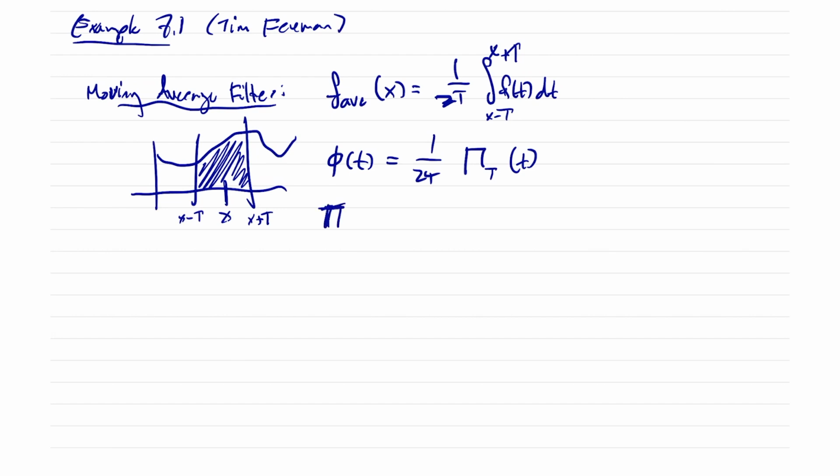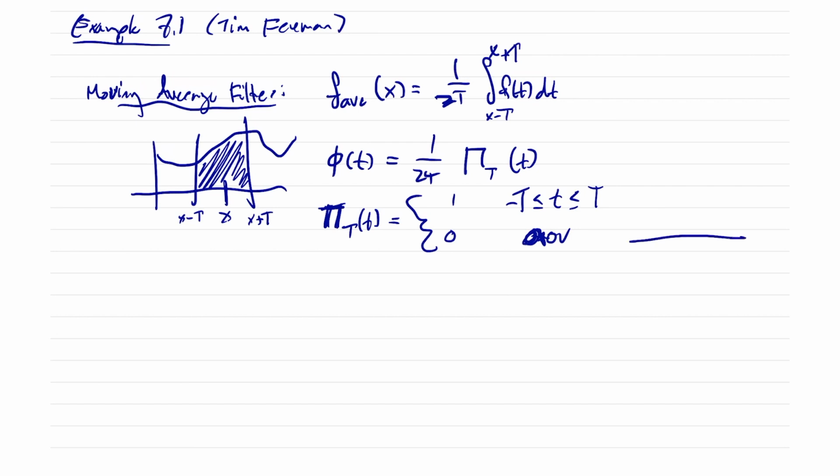He defines this kind of backwards, and it's a little annoying, but all right, let's go ahead and do it. Basically it's going to be 1 and 0: it's 1 if the absolute value of t is less than T, and otherwise, for all of the other values, it's going to be 0.